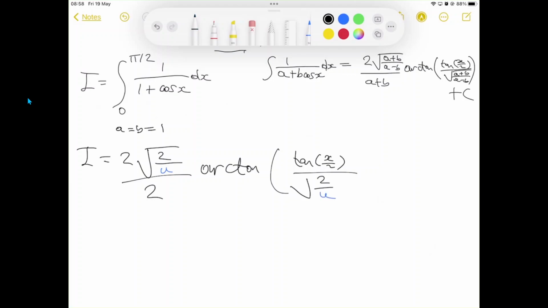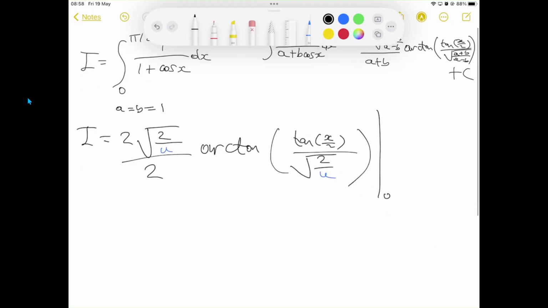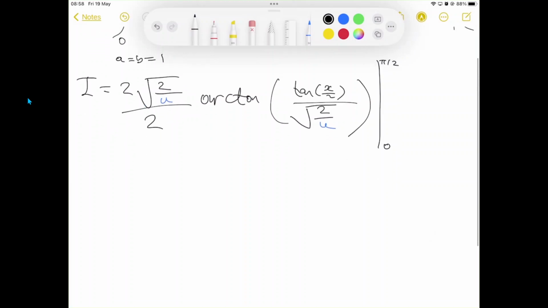And then instead of putting down a plus c at the end, because this is a definite integral, we should put down some limits. I'll just use this notation here, evaluated at 0 and pi over 2. Okay, and I'm forgetting one more thing. We need the limit as u approaches 0.